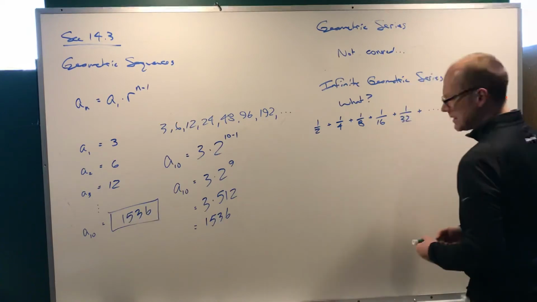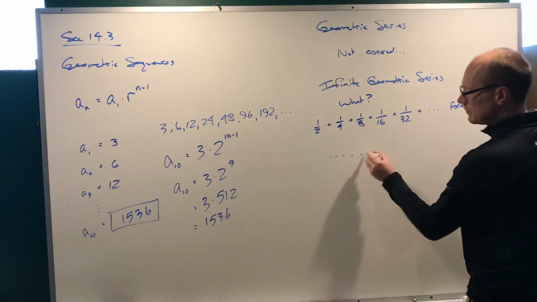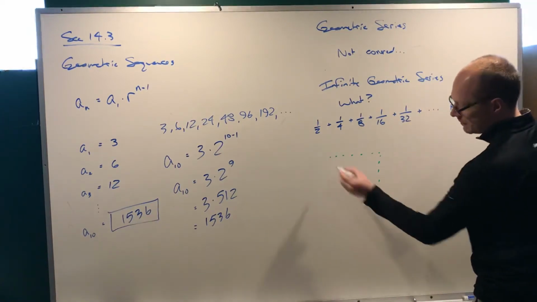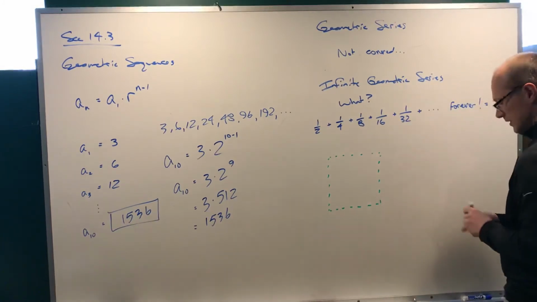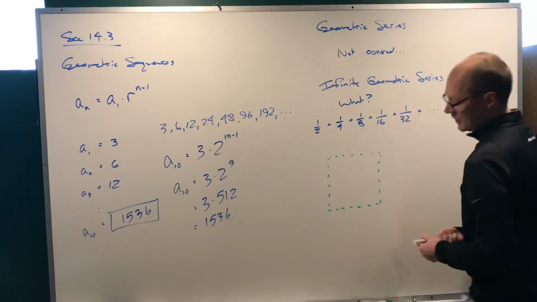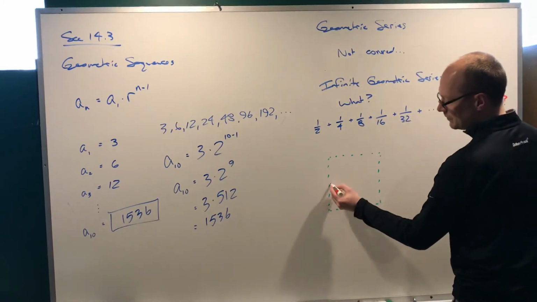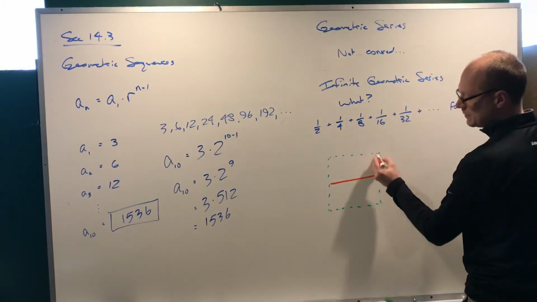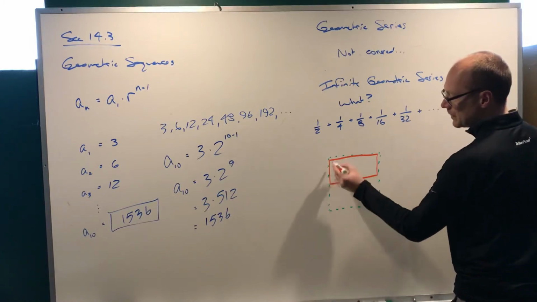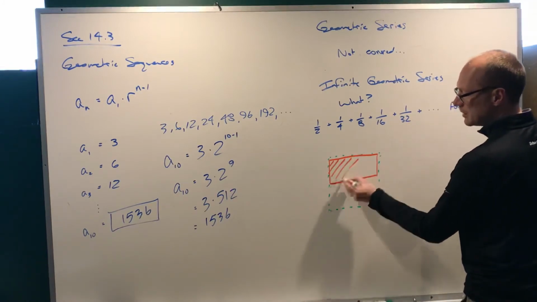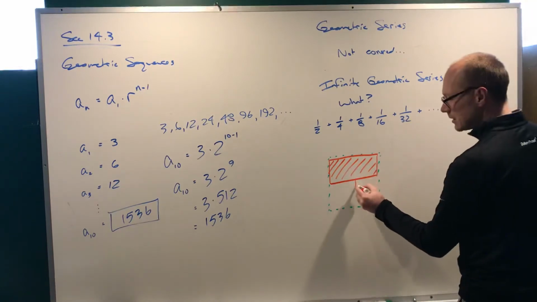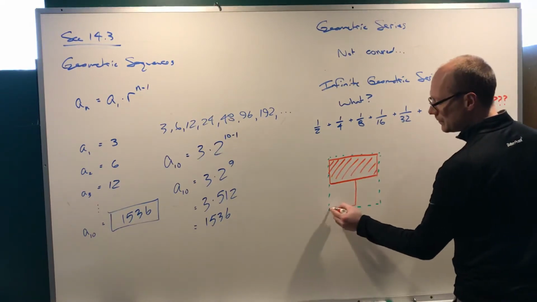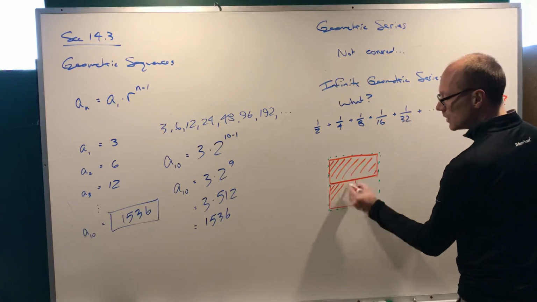I want you to look at this. I'm going to make myself a box. And this right here is half the box. And then this right here is a quarter of the box.